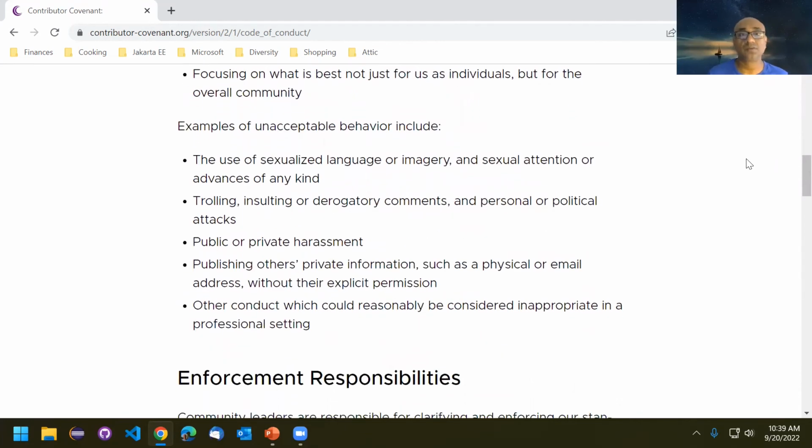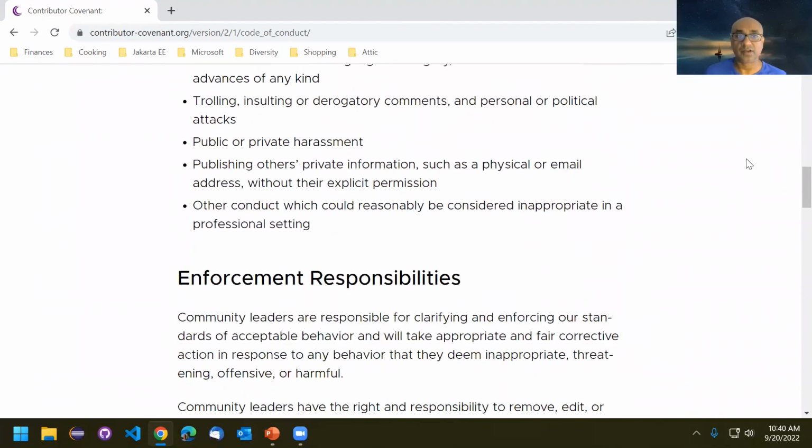Examples of unacceptable behavior: use of sexualized language or imagery. Trolling, insulting, or derogatory comments, and this is by far the most common thing that ever happens. Personal or political attacks, private or public harassment, publishing others' information, and this is a very important one.